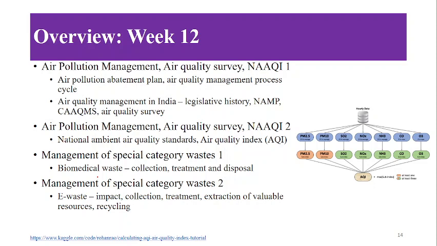Next, for the 12th week, we saw the air pollution management, and in that we looked at the air pollution abatement plan. Firstly, we need to formulate a plan based on the pollution situation in the environment, and look at the pollutant emissions that are prevalent in the environment or the air, and based on that the permissible limits need to be set, and accordingly the abatement plans need to be formulated.